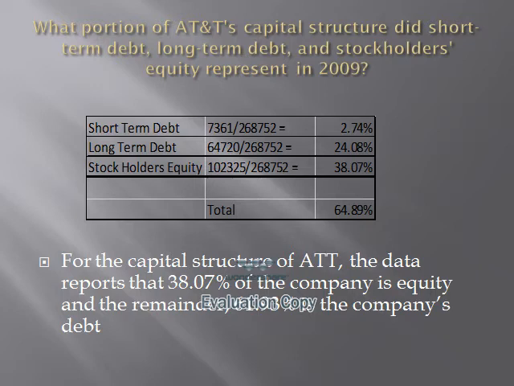That gives you a total of 64.89%. For the capital structure, the data reports that 38.07% of the company is equity, and the remainder, 61.93%, is the company's debt.